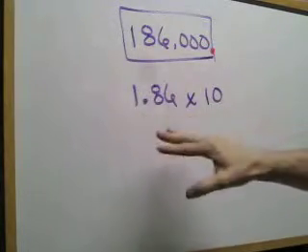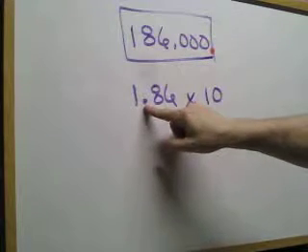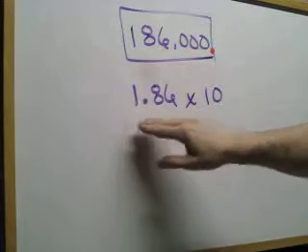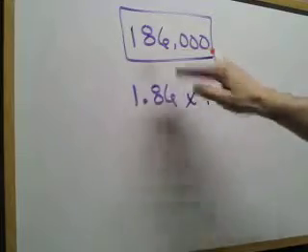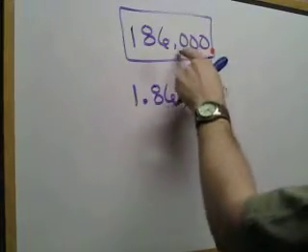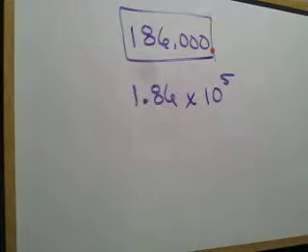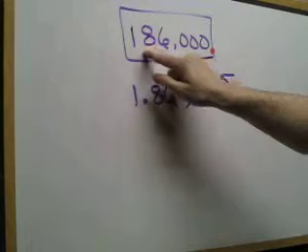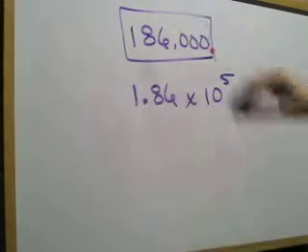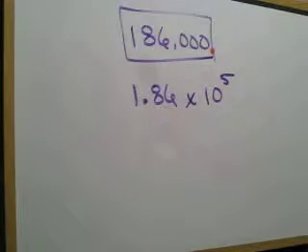Well, I need to tell you where that decimal is really supposed to go, so you know when you move it back, you'll get this number back. So we moved it 1, 2, 3, 4, 5 places. So I'm going to put a 5 up there to represent how many decimal places I have to go back to make it into its original number.